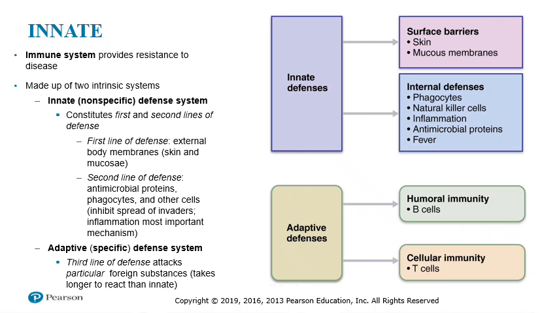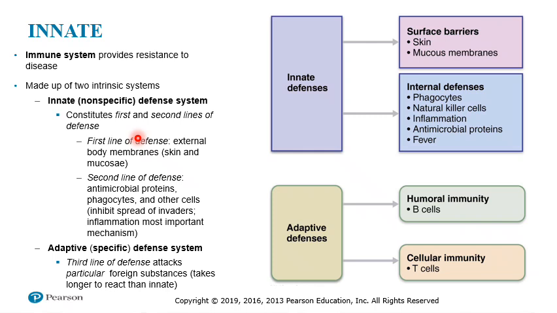The innate defense is the part of the immune system that provides resistance to disease and is regarded as the first line of defense. The innate is made up of two intrinsic systems: the non-specific defense, and then the specific defense.